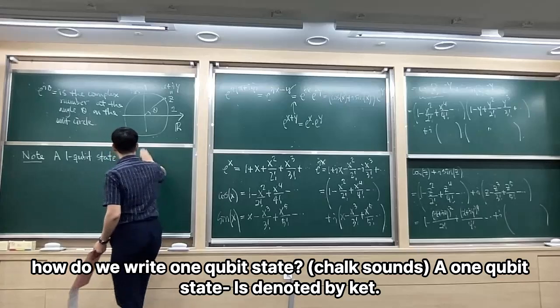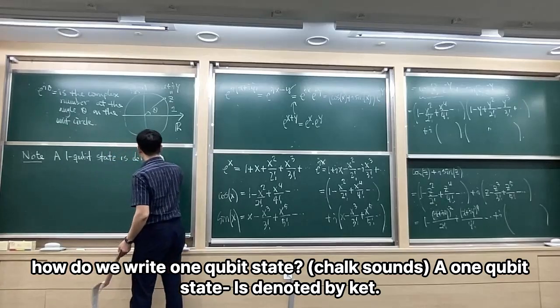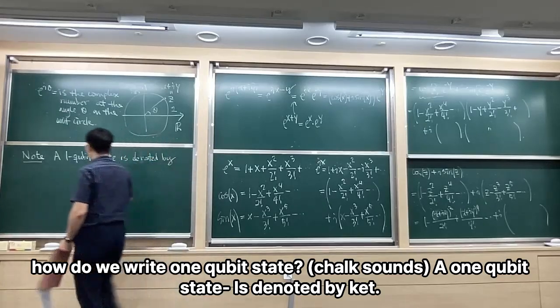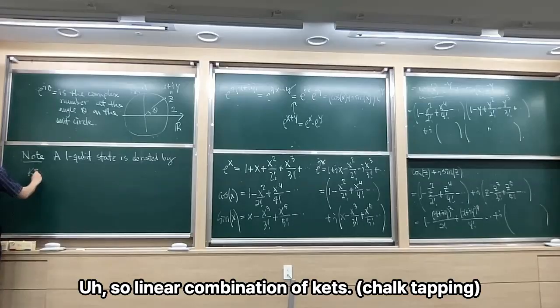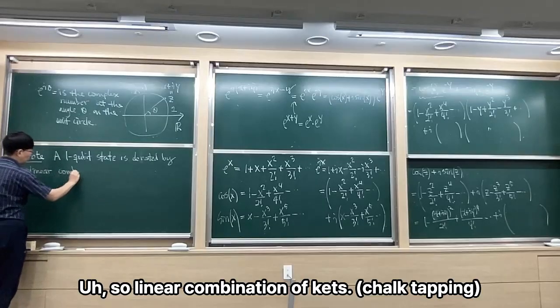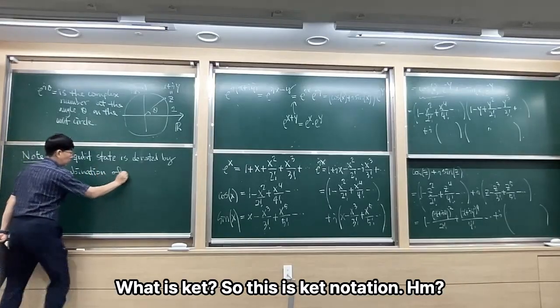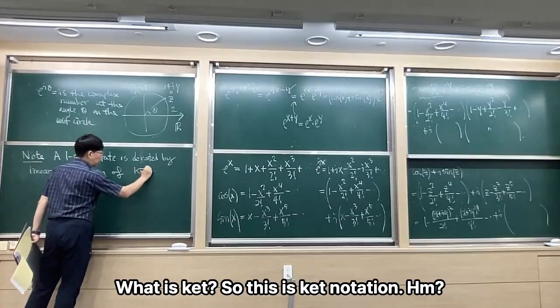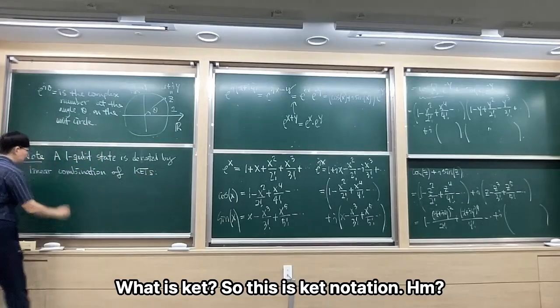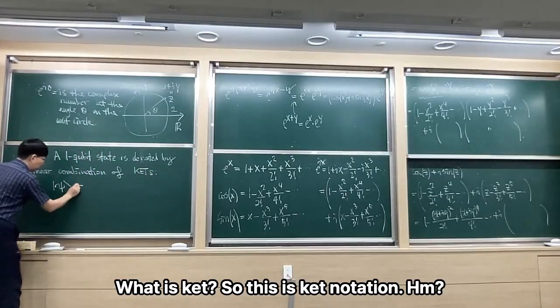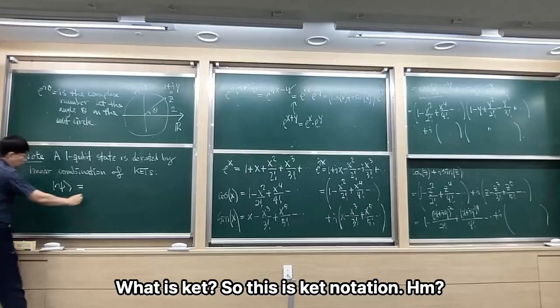A one qubit state is denoted by a ket. So a linear combination of kets. What are kets? This is ket notation.